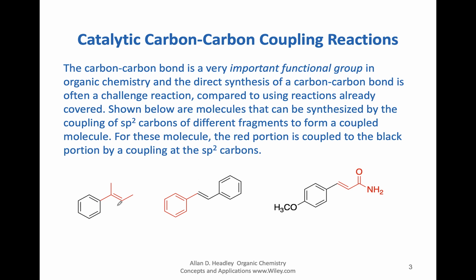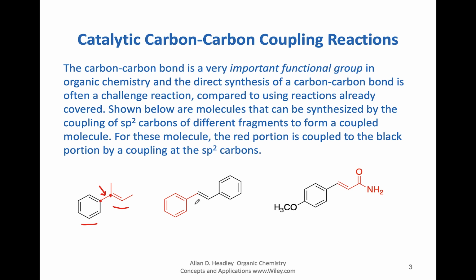So let's look at these here. So here is a phenyl group, and here is another group over here. So we can make this new bond here by bonding this carbon to that carbon, making a larger molecule. Here's another one.